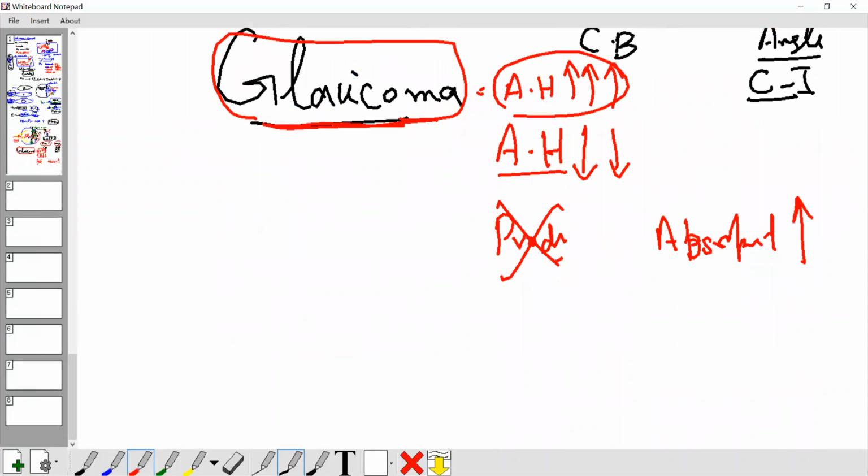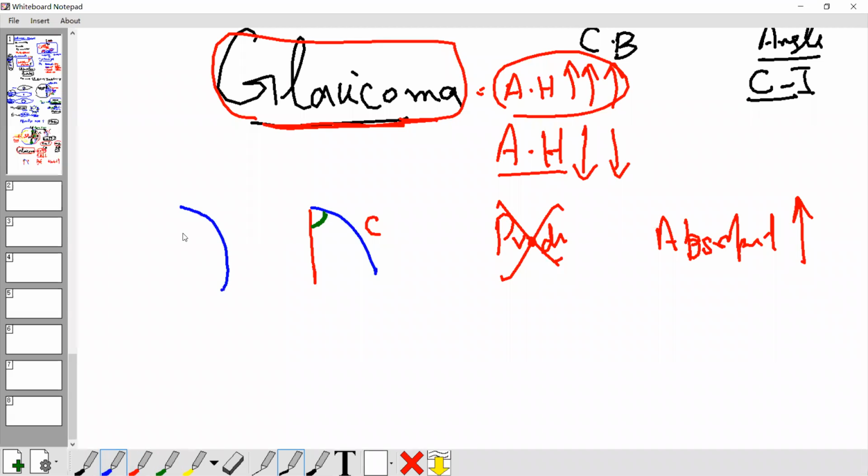Okay, now come back. Focus on this junction. What is this? Cornea, and this is iris. Clear? Here try to see the angle. This is the angle here. This is the normal shape.